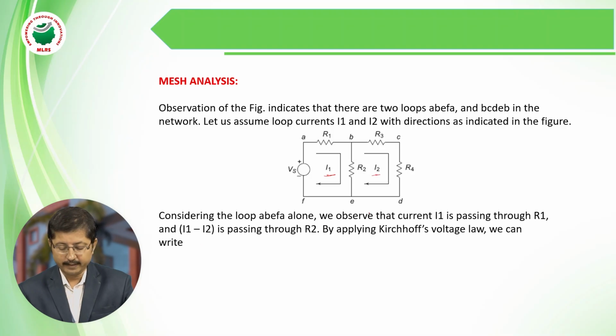So first we consider the first loop, that is A, B, E, F, A alone. We observe that current I1 is passing through R1, and the difference of two currents, I1 minus I2, is passing through R2.